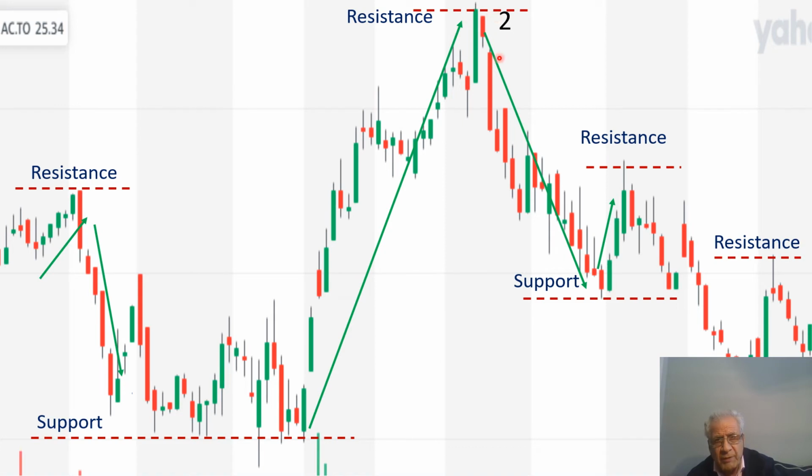Bearish harami suggests the trend reverses from uptrend to downtrend, and this is a strong downtrend again. It is making lower low, lower high, lower low, lower high, lower low, lower high, lower low. So you can make money in these swing low, swing high, swing low, swing high.